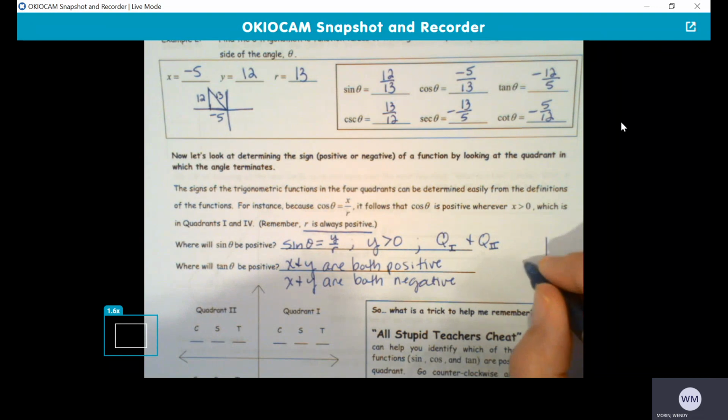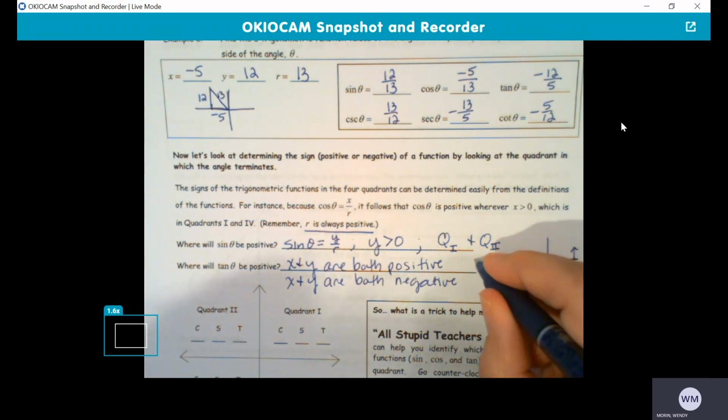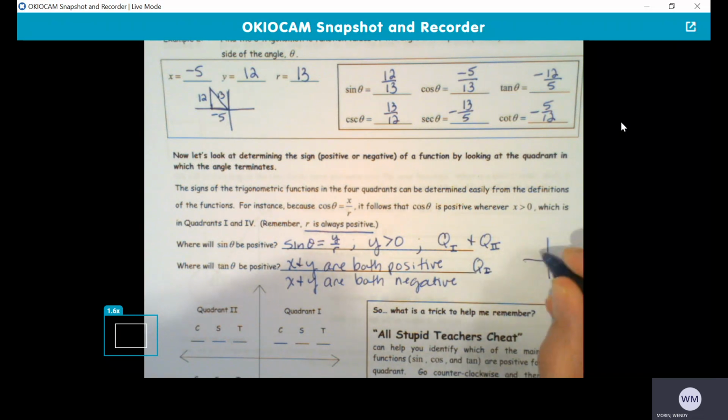So again, I'll just draw a little sketch right here. x is positive, y is positive in the first quadrant. And again, it's 1, 2, 3, 4, counterclockwise.